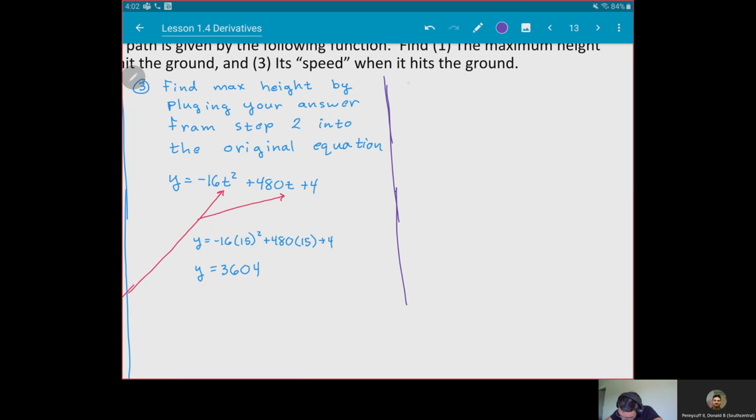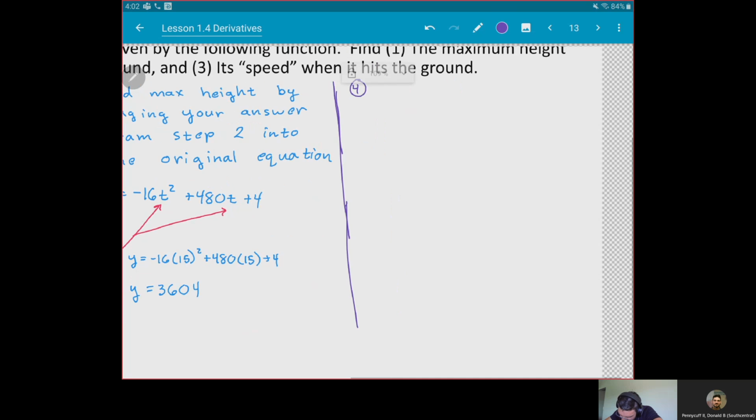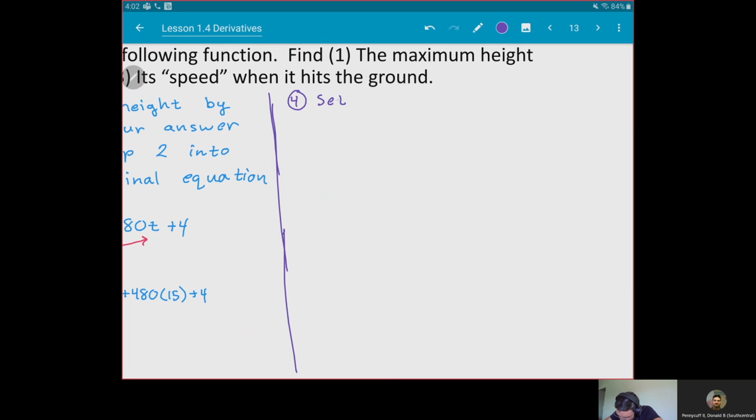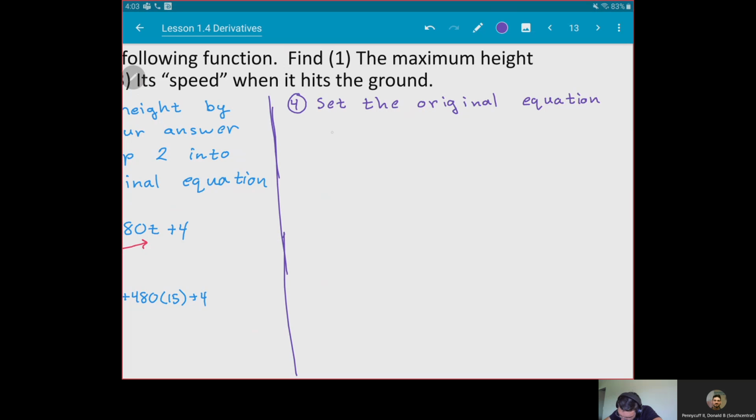Okay. Now, how to find when it's going to hit the ground? So that is step 4. Solve or set the original equation equal to 0 to find the 0, which in real life is when it hits the ground.